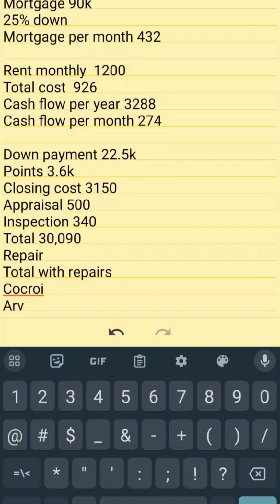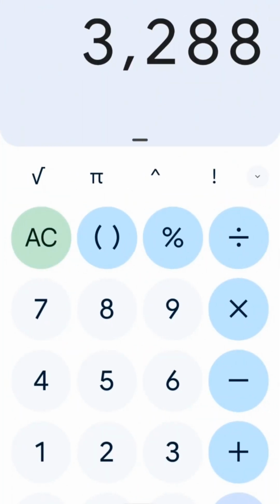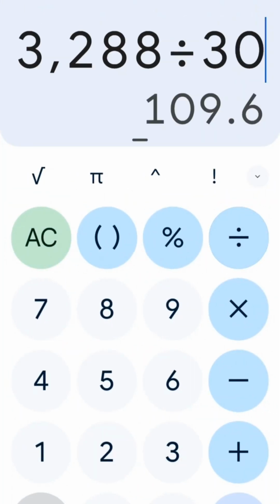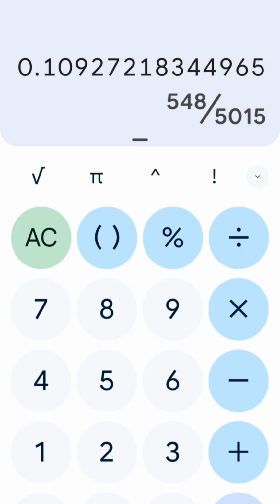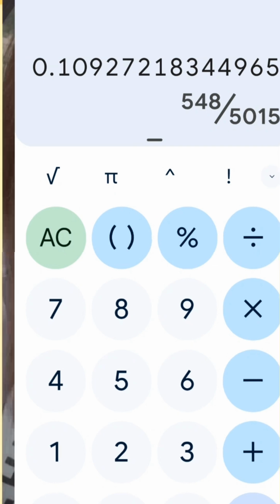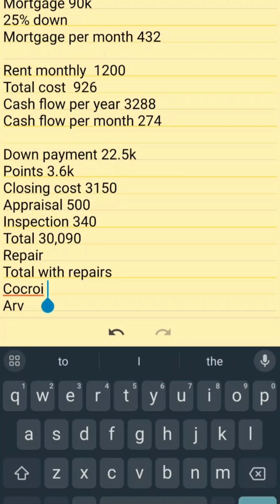So we're going to take our monthly cash flow and we're going to divide it by the total closing cost. So we're going to divide this by $30,090, which gives us an ROI of 10.9%. So we're going to come back over here.